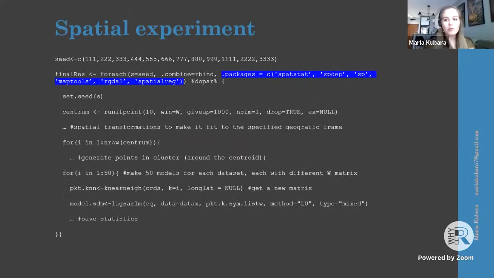So this is the code. This is the basic pseudocode for my research project. I didn't make any more differences in here. The only thing that I did to transform it to multicore was to change this line of code, right?